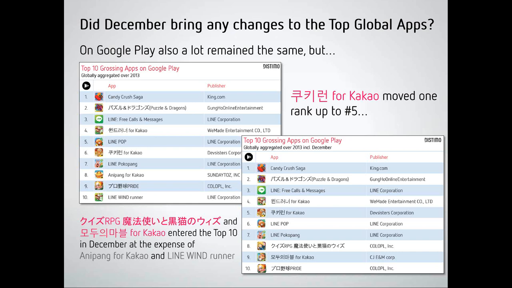He rose up to rank 5 ahead of Line Pop, and then these are Japanese and Korean games that I cannot really pronounce or translate, but both of these actually, based on their December performance, were able to enter the top 10. So just their revenue from December contributed to this amazing achievement that actually two of the apps that performed better between January and November were not in the top 10 anymore after looking at the complete data, including December.